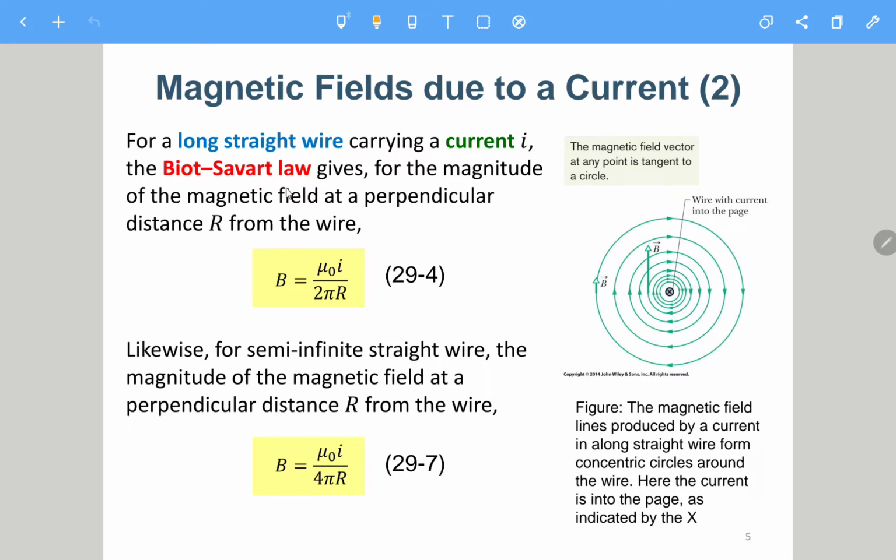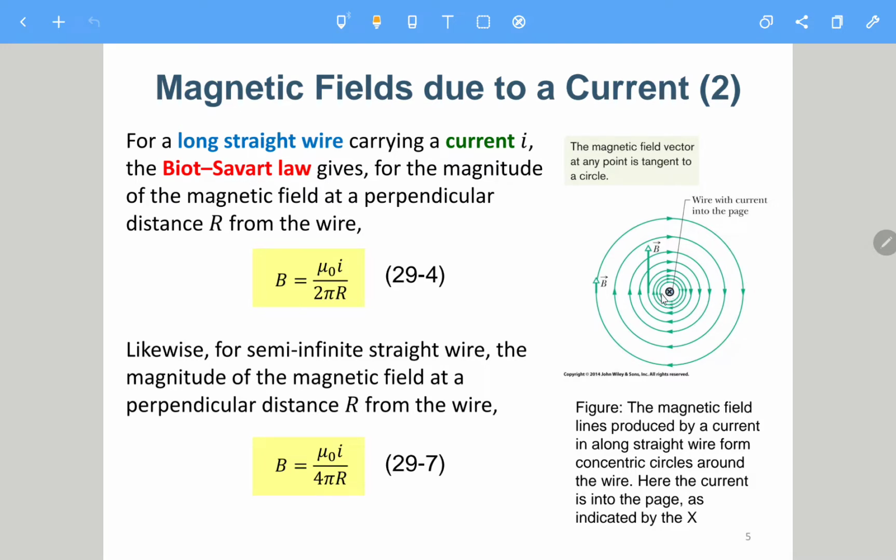So let's see what it is. It says for a long straight wire carrying current I, the Biot-Savart law gives the magnitude of the magnetic field at a perpendicular distance r from the wire, which is shown as this equation. We will try to prove this one in the coming slides, but let's see what it really is.